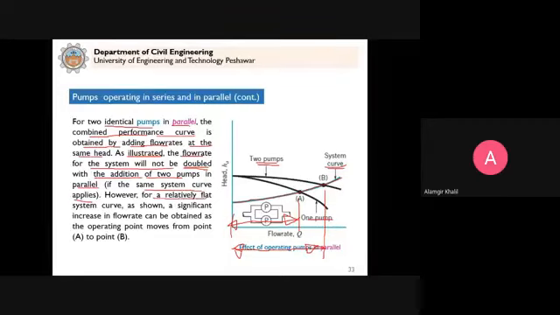However, for a relatively flat system curve, a significant increase in flow rate can be obtained as the operating point moves from point A to point B. So if the curve is steep, the increase in discharge is small. But if we have a flat curve, then the discharge will increase more.